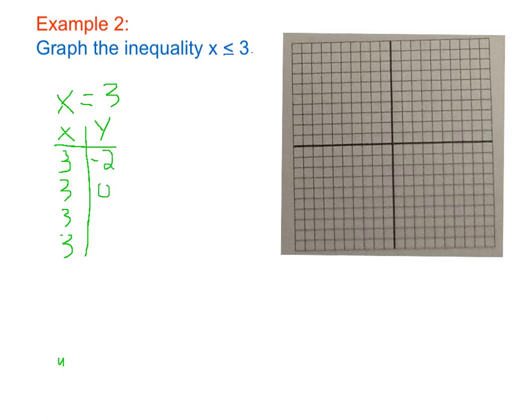Say -2, 0, 2, 4. Alright, so if we graph these points, 3, -2, point goes there, 3, 0, 3, 2, and 3, 4. So we can see what the boundary line is going to look like there. And since the inequality's got the less than or equal to symbol in it, that means we're going to have a solid line. So I'm going to draw a line that goes through those points.